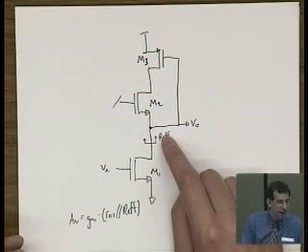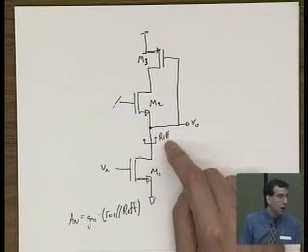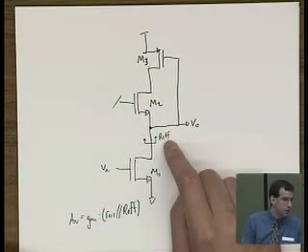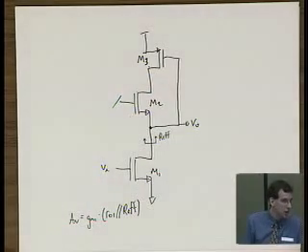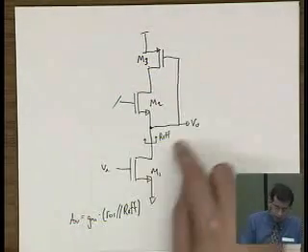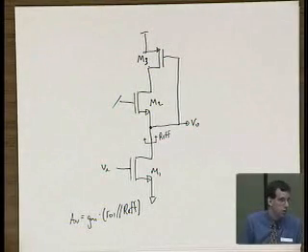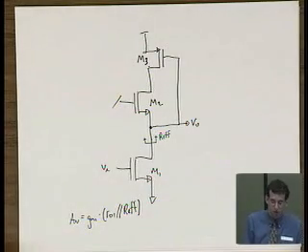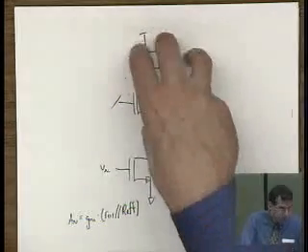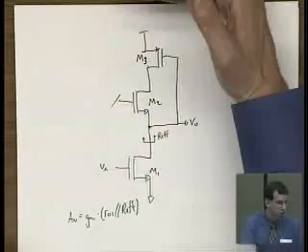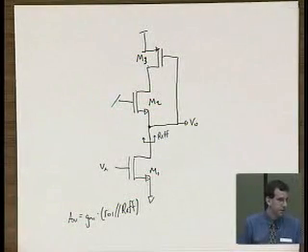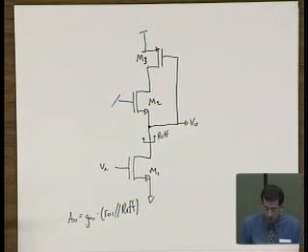That is assuming way too much, because I think the problem clearly stated that all these devices are in saturation. So if all these devices are in saturation, M2 doesn't look like a resistor between drain and source. There's also that current source thing, that transconductance element going on. So ideally what you'd like to do is replace this whole top portion with 1 over gm3. Doesn't work. For this, you actually have to do the small signal model.